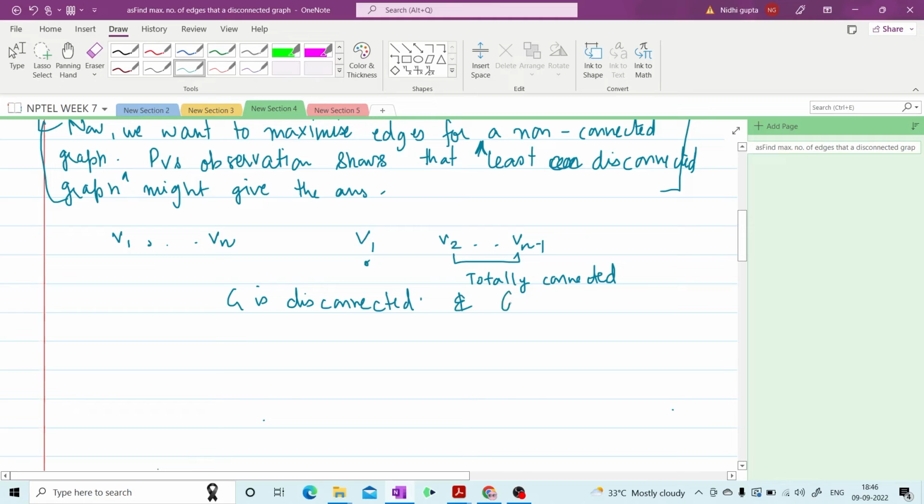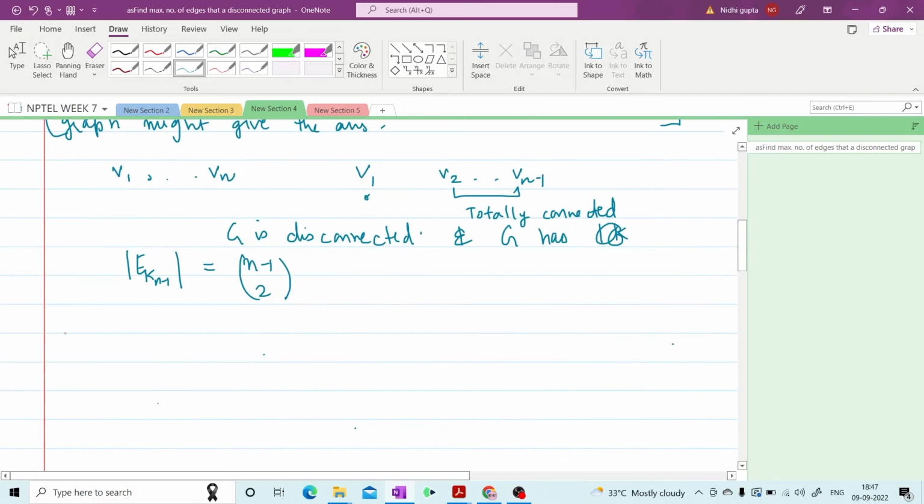And how many edges does G have? No edges are coming from v1, all the edges are among v2 to vn. So G has the number of edges of K(n-1). And what is the number of edges of K(n-1)? It is just (n minus 1) choose 2.